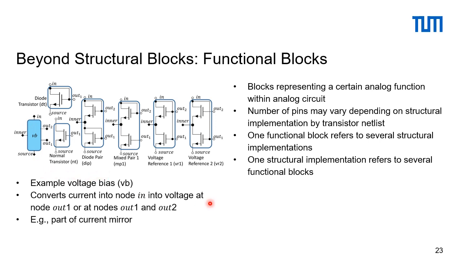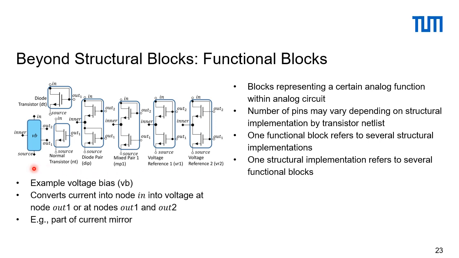A voltage bias has the function to convert the current into this node in here into a voltage at the output node out1, or maybe at two output nodes. This is an example. A voltage bias, for instance, is part of a current mirror, but it's a function. The function means now we have to implement the function, and here on the right we have different implementations by transistor netlists for this function.